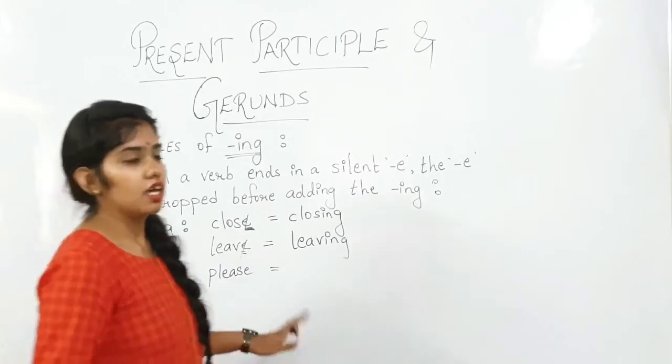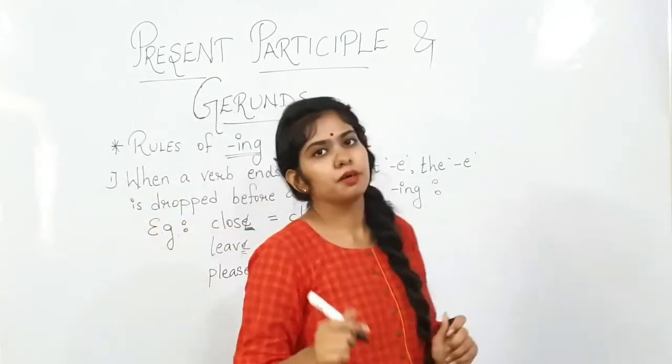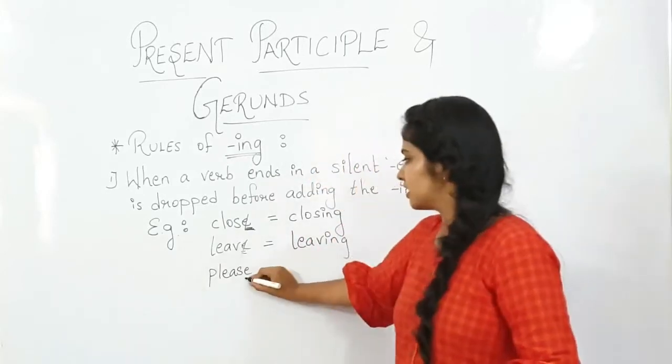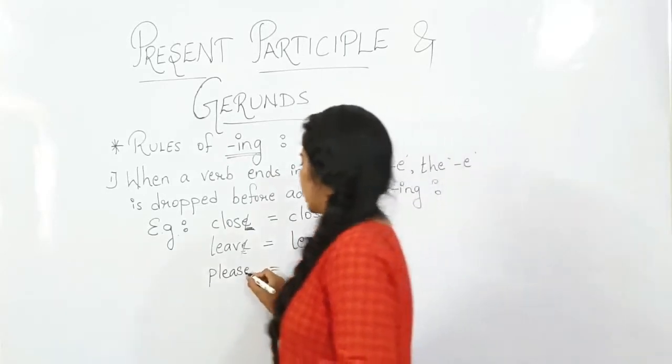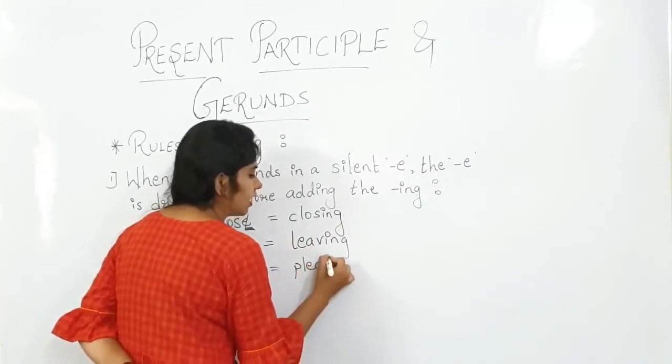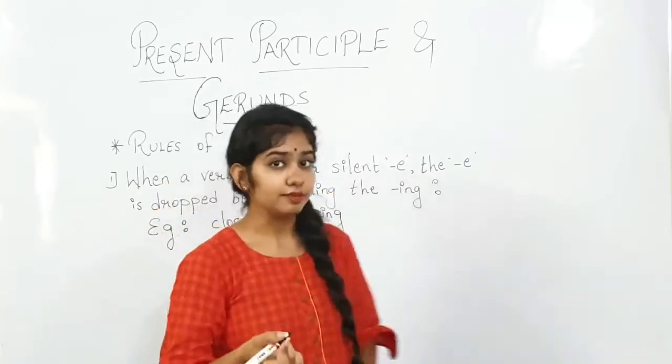Please. Over here the last sound is please. So over here also E is silent. So we will cut the E, and instead of E we will add ing, pleasing.